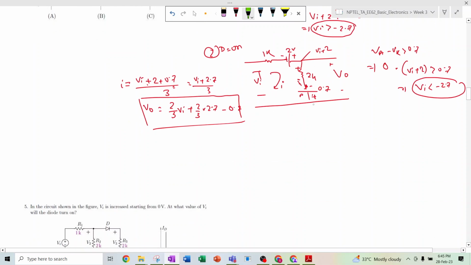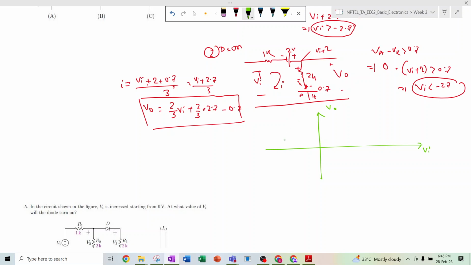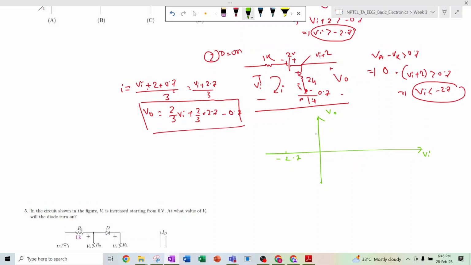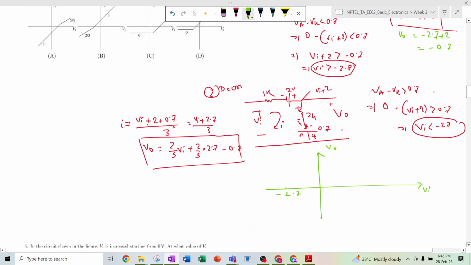So if we plot this thing, this is Vi, this is Vo, this is nothing but minus 2.7, and at minus 2.7 the value of Vo is minus 0.7, right? So this is minus 0.7, so here it will be the point.